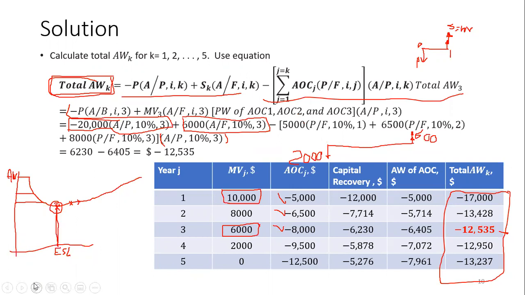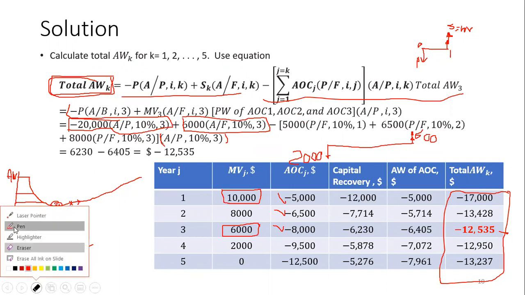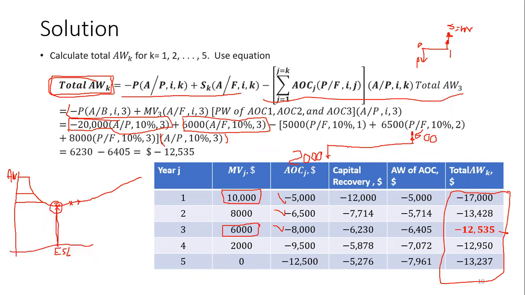These should be negative. So I just do this: negative 5,000, negative 6,500, and the third year is negative 8,000.